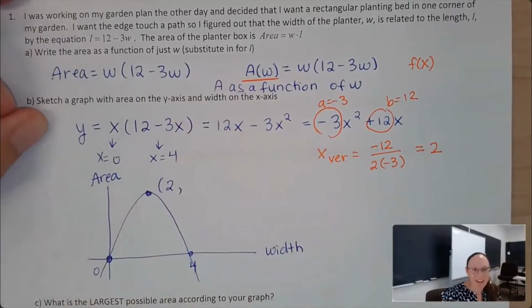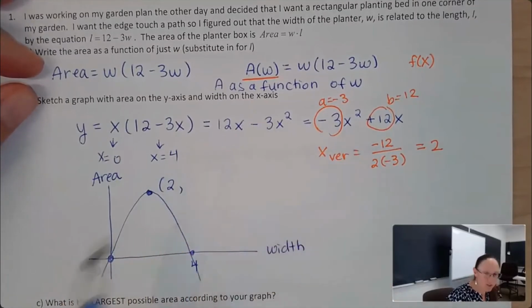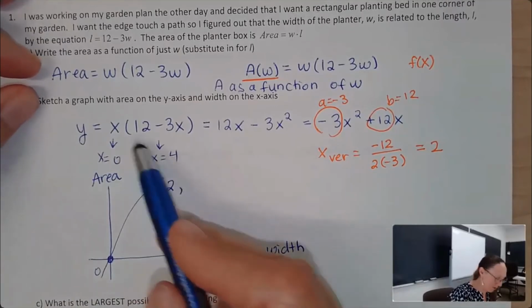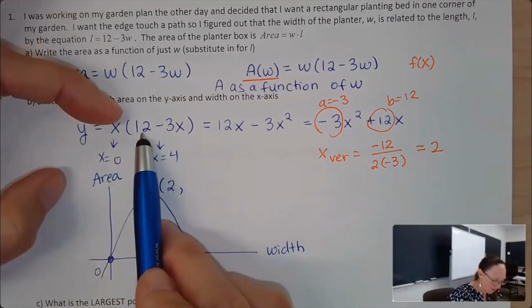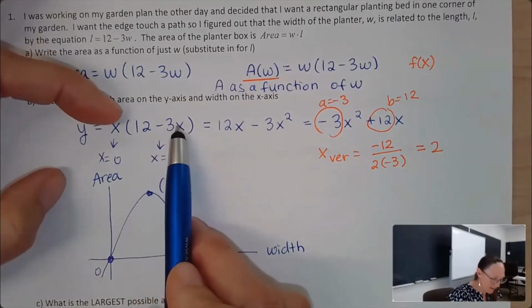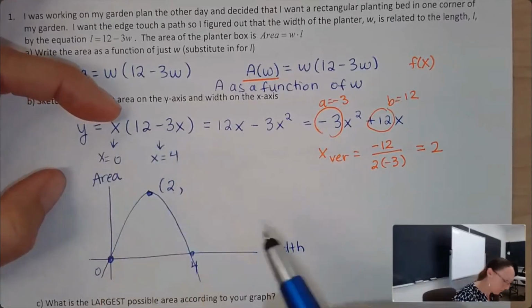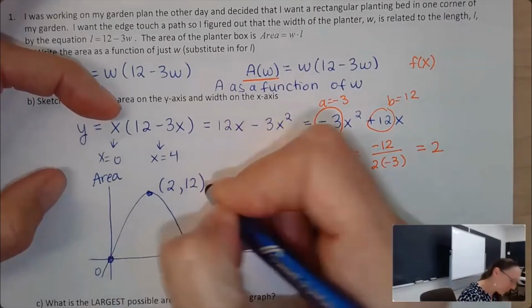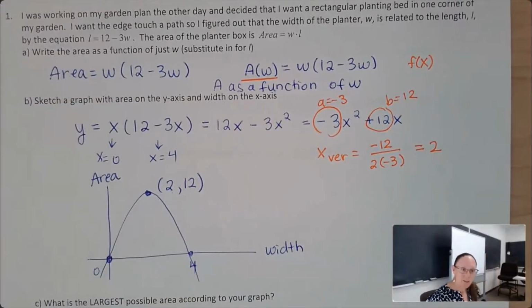We know that the x value is 2. And to find the area, we can choose any of these versions of the equation to plug it in, but I'll go with the factored form. So 12 minus 3 times 2, 3 times 2 is 6. 12 minus 6 is also 6, and 6 times 2 would get me to 12. So there's my quick sketch.